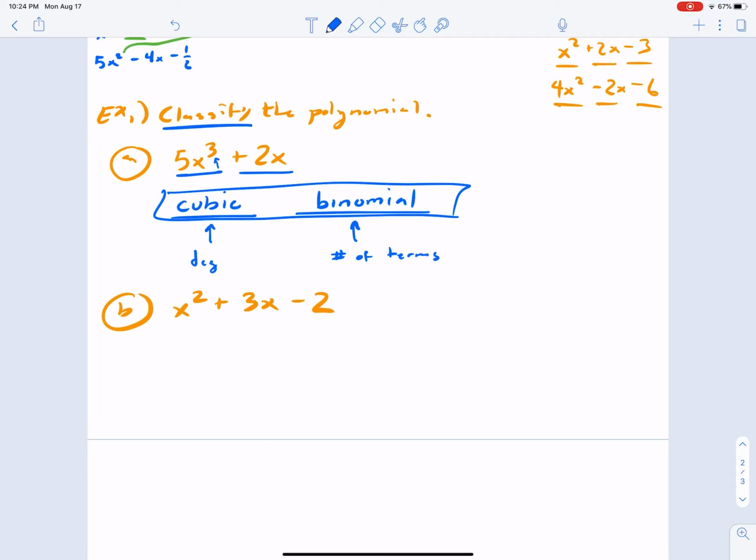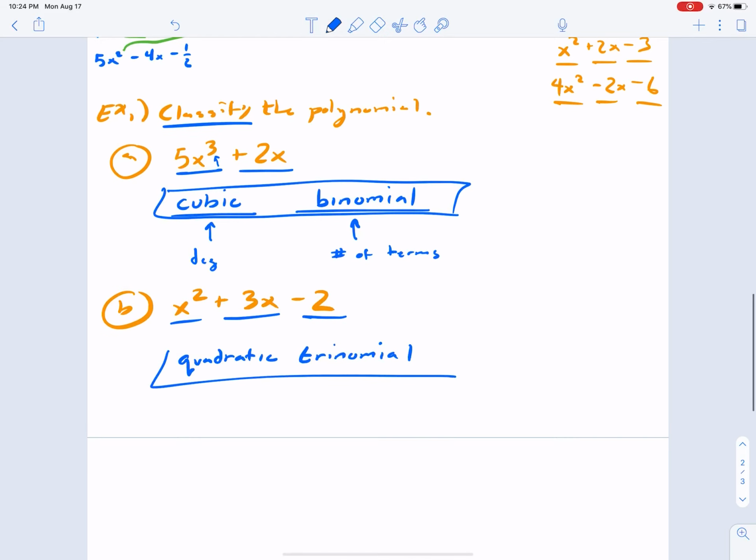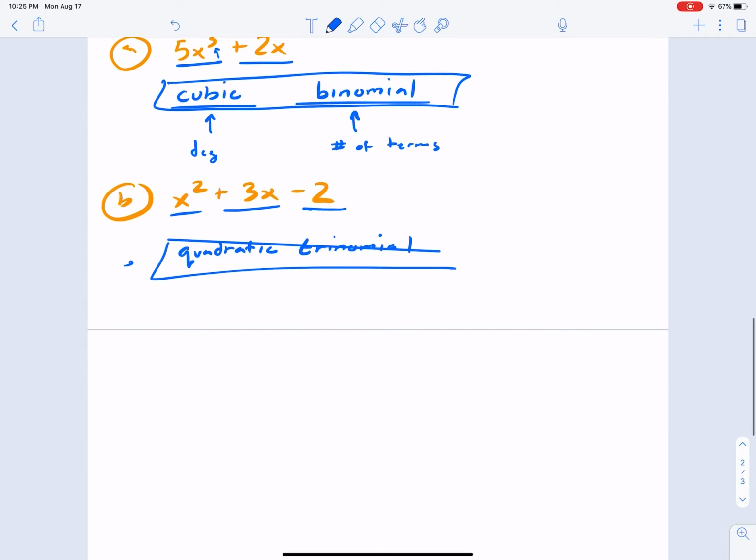The largest degree is 2, so that would be a quadratic. And the last name is the number of terms. We have 1, 2, 3. That would be a trinomial. Okay, hopefully you guys got that. But let's keep trying it out.